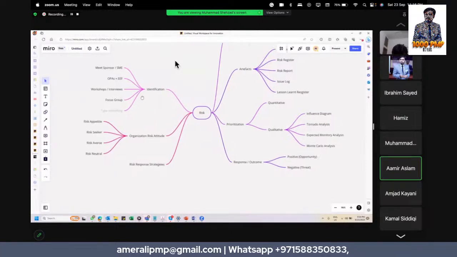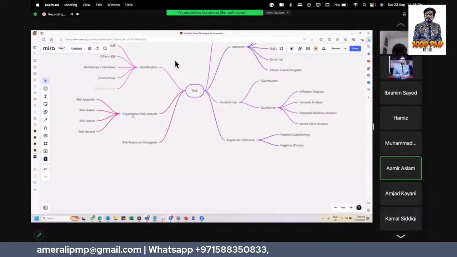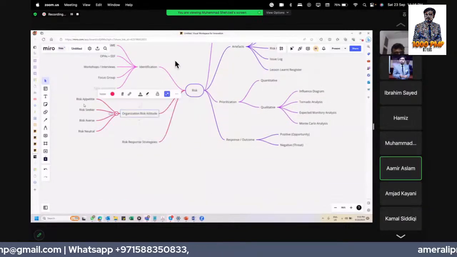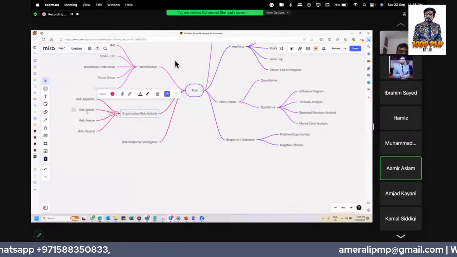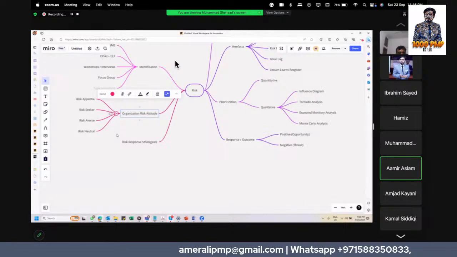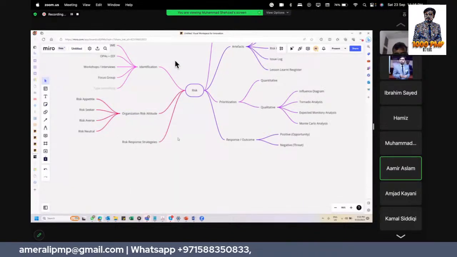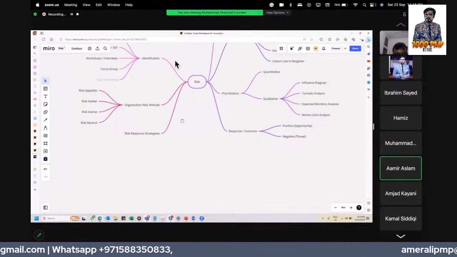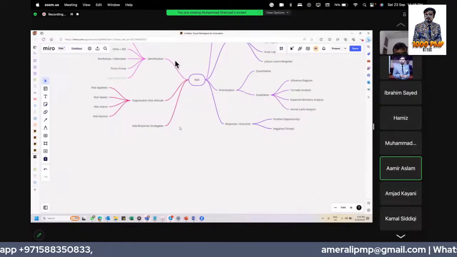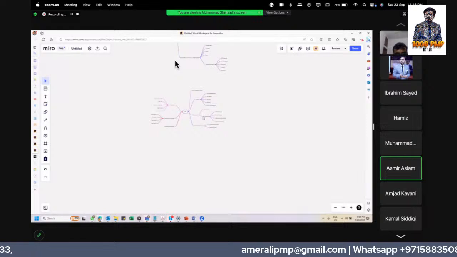In organization risk attitude, we have risk appetite. In this, we have risk averse, risk seeker, and risk neutral; risk averse are basically those who run away from the risk. Then we have risk response strategies. I think it's enough, that's all from our side.